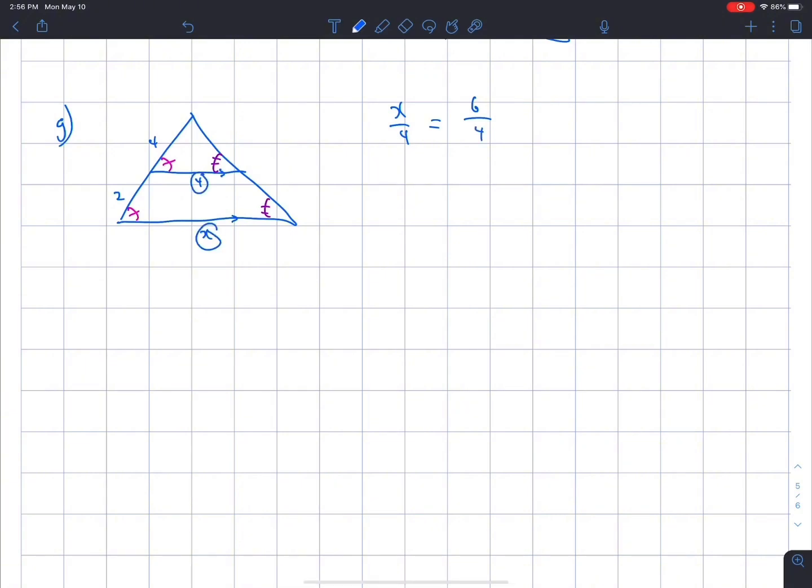Those are the corresponding sides. We did 6 because 4 plus 2 is 6, and then divided by 4, the side length of the small triangles. So x over 4 equals 3 over 2. We cross multiply, we get 2 times x equals 12, and then divide both sides by 2, we get x equals 6.